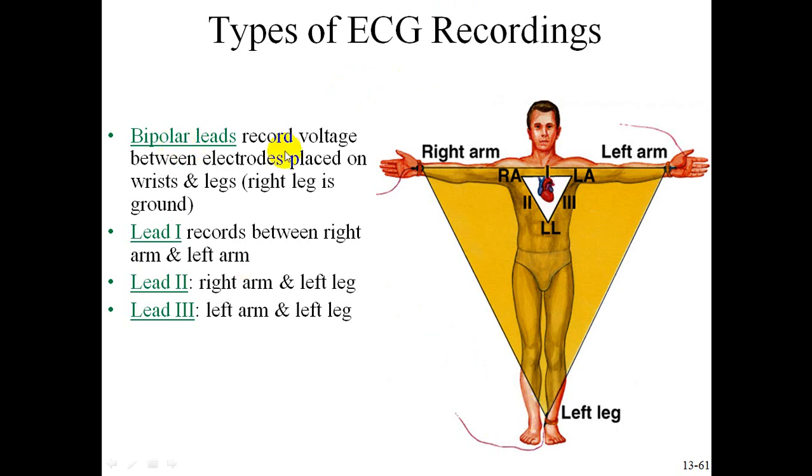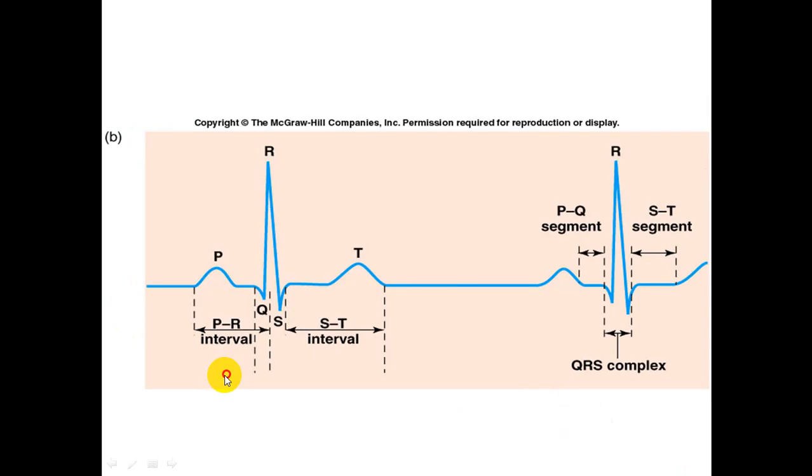Bipolar limb leads record voltage between electrodes placed on the wrists and legs, and the right leg is the ground. Lead 1 records between the right arm and left arm, lead 2 between the right arm and left leg, while lead 3 is between the left arm and left leg. This is how we record the ECG.